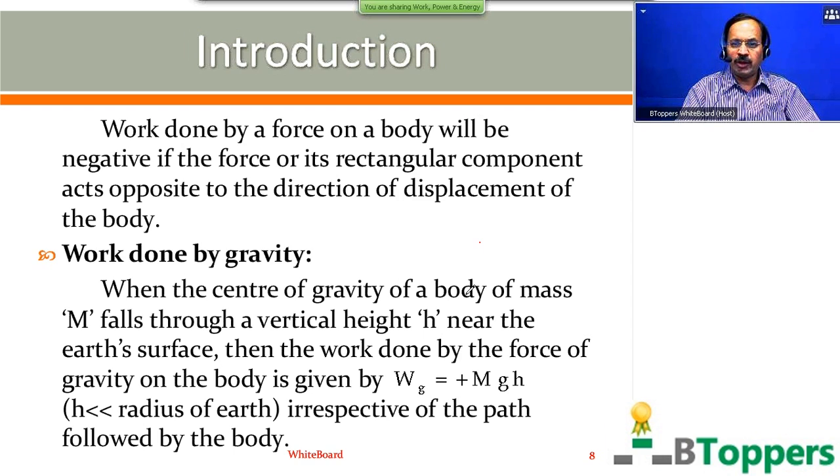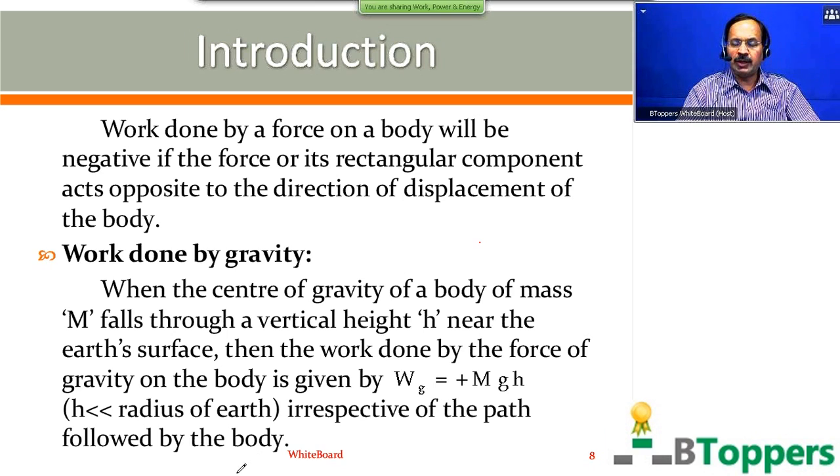When the center of gravity of a body of mass m falls through a vertical height h near the Earth's surface, then the work done by the force of gravity on the body is given by W subscript g equals plus mgh. Of course, this holds when h is very, very small compared to the radius of the Earth, irrespective of the path followed by the body.